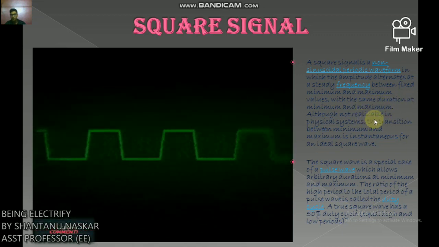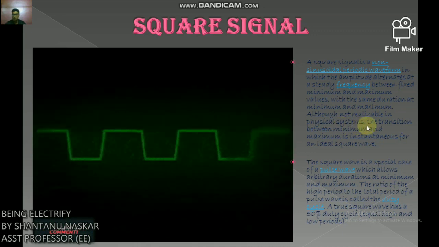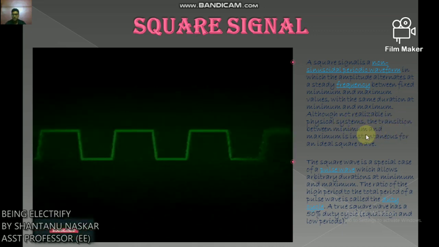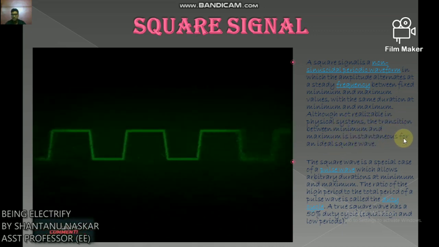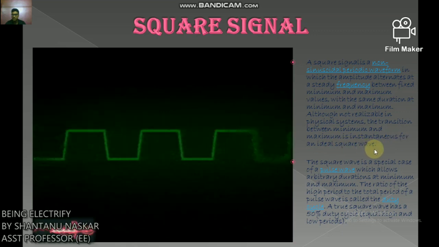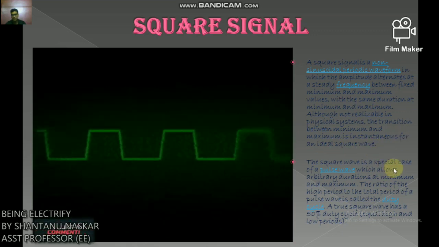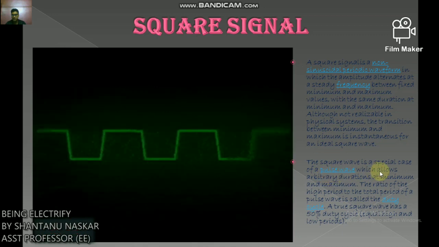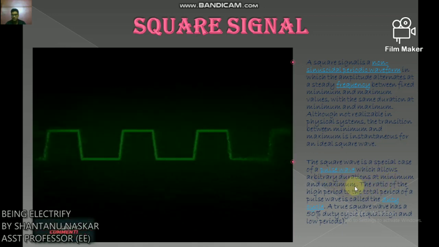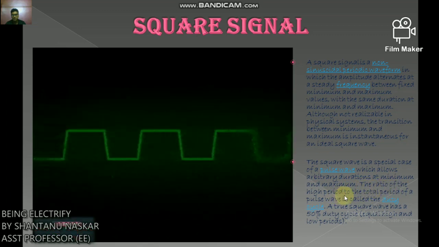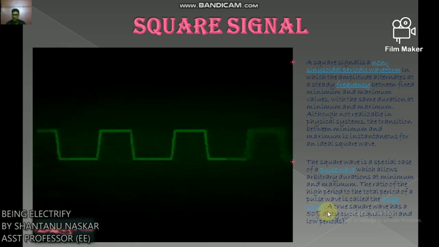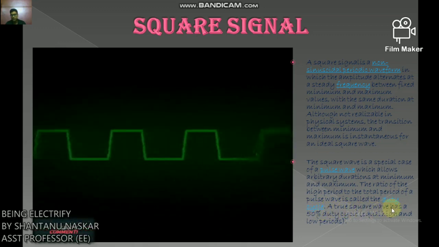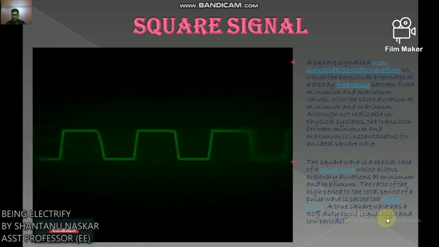Although not realizable in a physical system, the transition between minimum and maximum is instantaneous for an ideal square wave. The square wave is a special case of a pulse wave, which allows arbitrary duration at minimum and maximum. The ratio of the high period to the total period of a pulse wave is called the duty cycle. A true square wave has a 50% duty cycle.